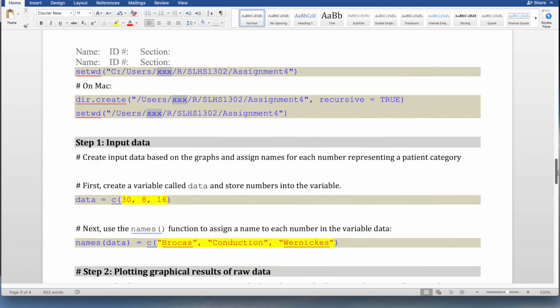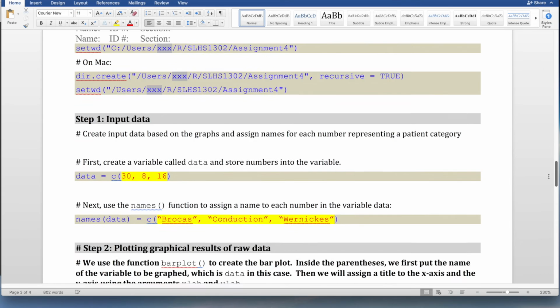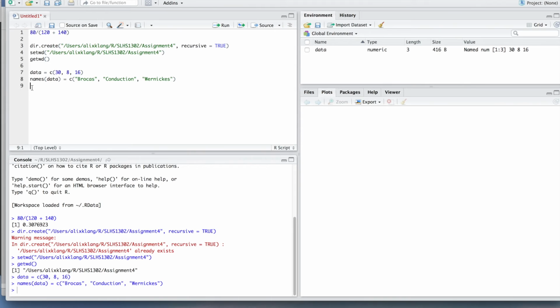We can also find that if we go back up to the graph that we're trying to recreate. On the x-axis, the title they have is category of aphasia. And then for the ylab, it already gives you the title that you're going to want to use, which is number of patients. Then we'll copy this code line and run it in R. So copy, paste, run.